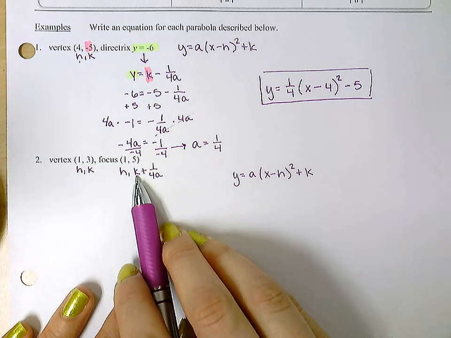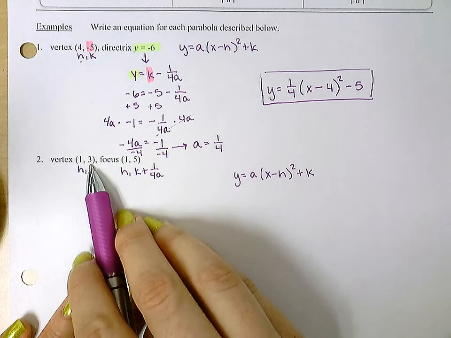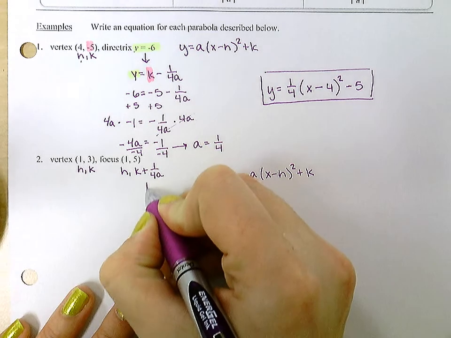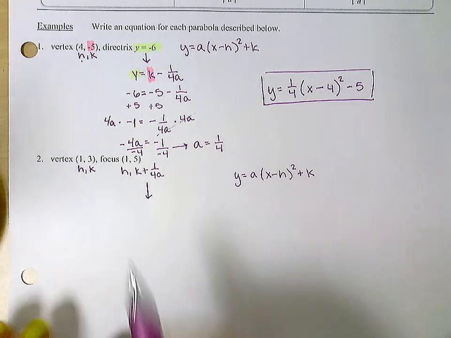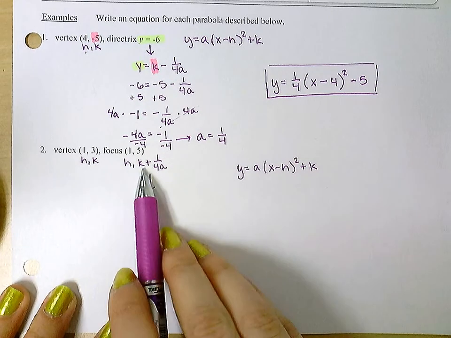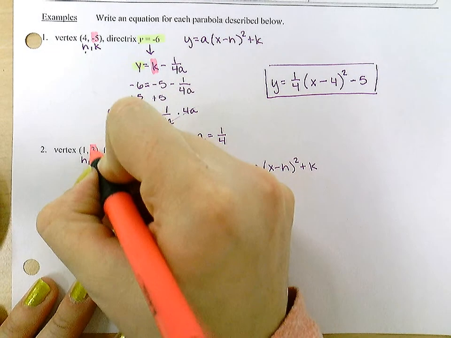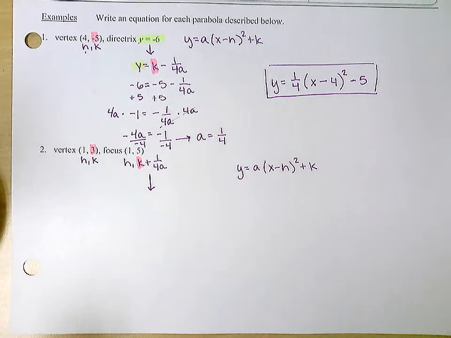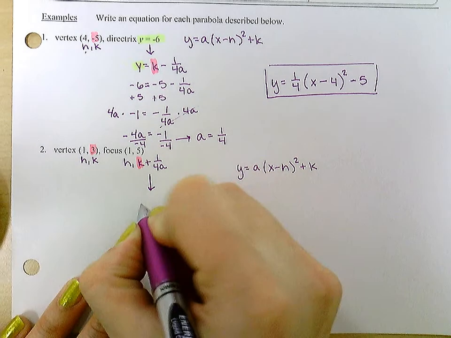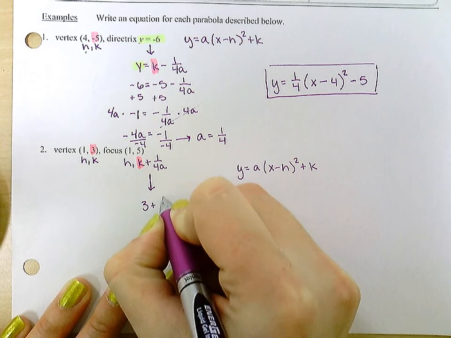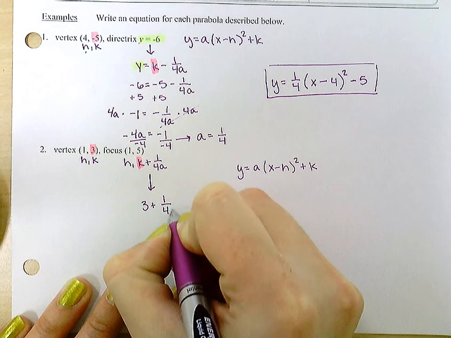Okay, I know what k is. k is 3. So I can plug in 3 for k, and I'll highlight that, 3 for k. I have plus 1/4a.